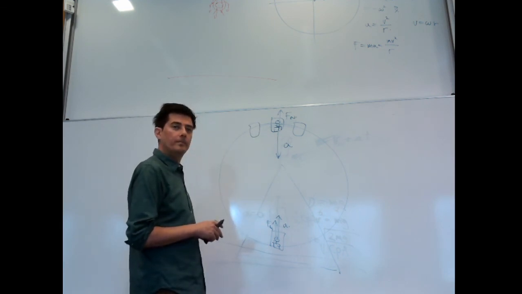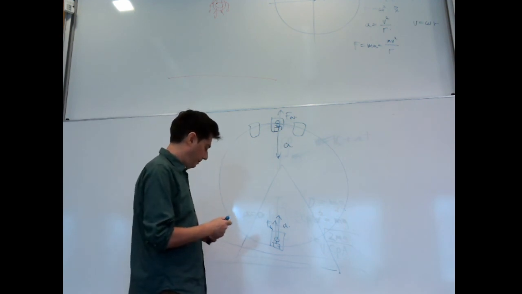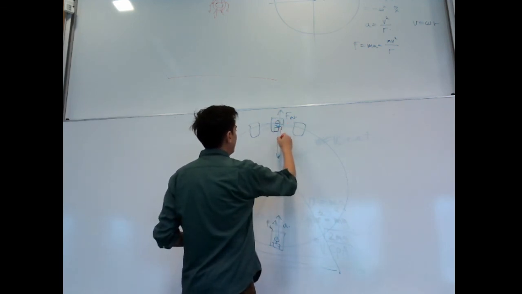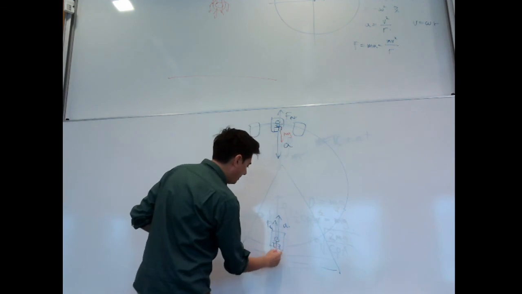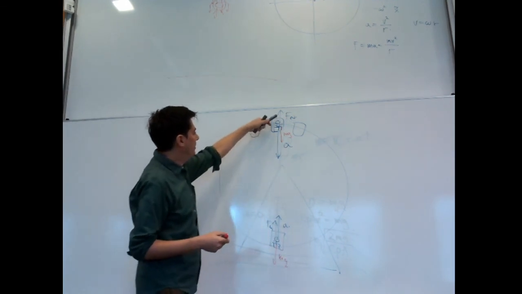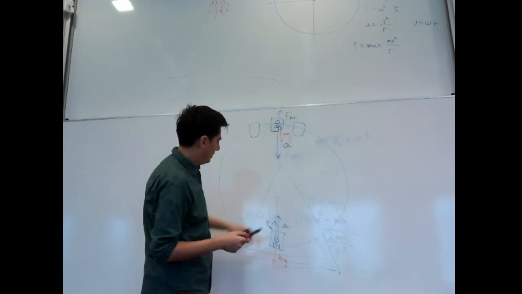The normal force is bigger than gravity at the bottom, and therefore less than gravity at the top, because they need to keep the acceleration constant. There's another force that's always down, gravity, and the normal force has to adjust itself such that it gives this constant acceleration.